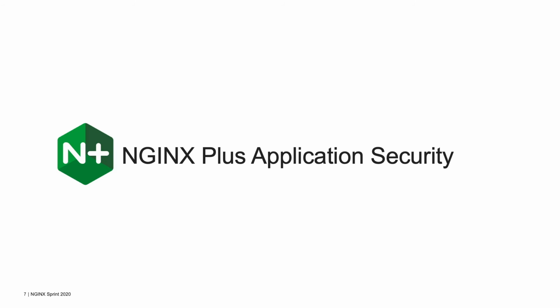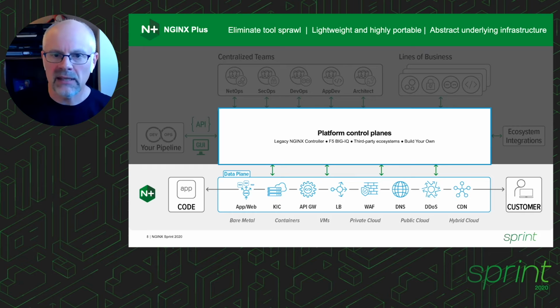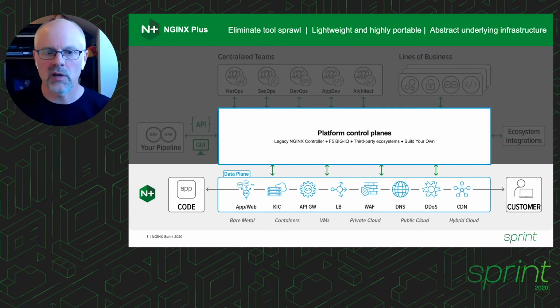So let's start with NGINX Plus application security. NGINX Plus is ideal for organizations building out a fit-for-purpose data plane aligned to the specific application services contained within that data plane. And oftentimes we see customers building in their own targeted control plane with fit-for-purpose automation and orchestration.